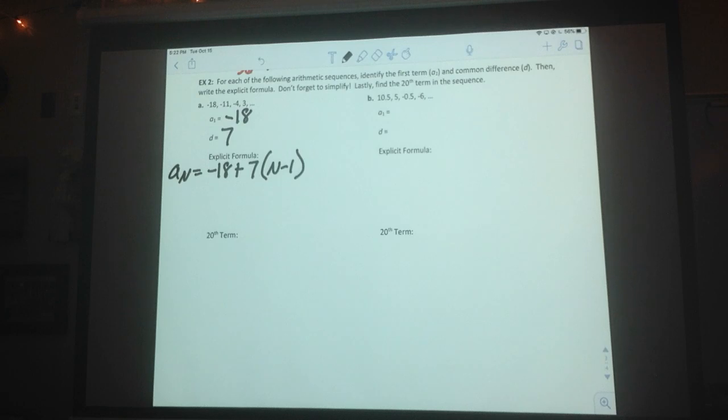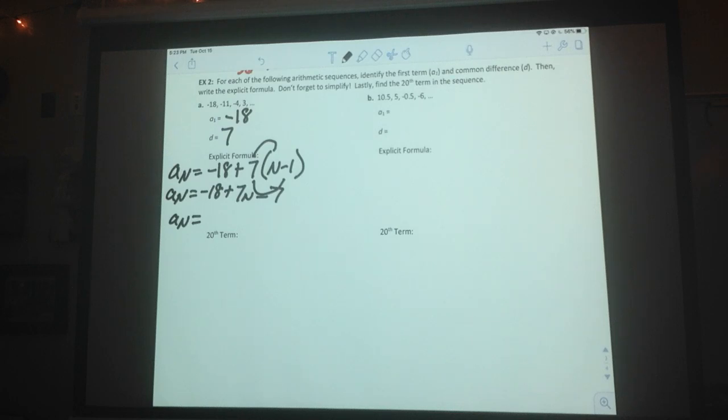Now, it did say simplify, so I'm going to show you what that looks like. I'm going to simplify this formula, negative 18 plus. And what simplify really means is I'm just going to distribute this 7 with the n, and this 7 with negative 1. So this becomes plus 7n minus 7. I'm simply going to combine like terms.